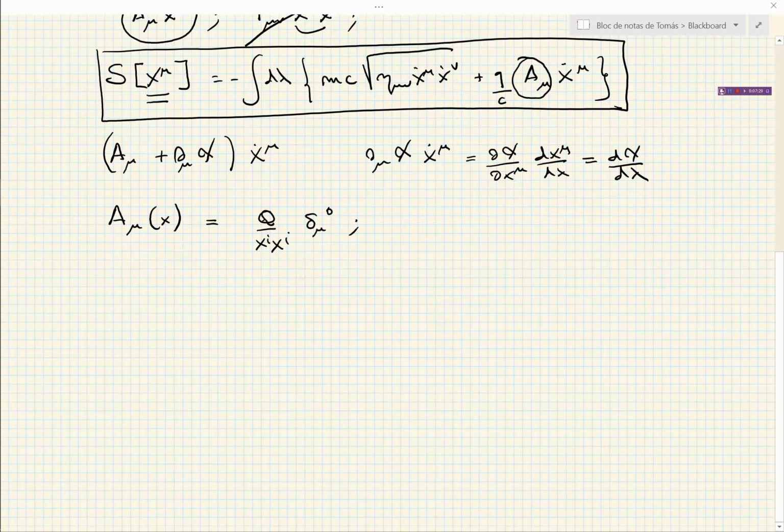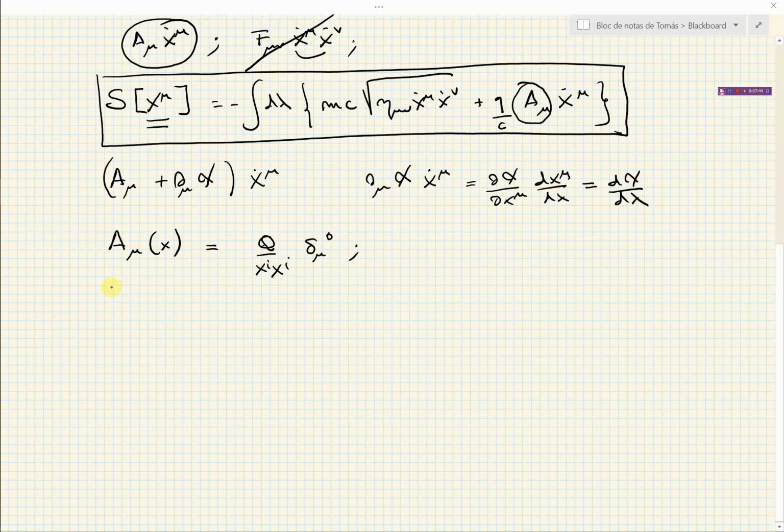Okay. And since this is a test particle, the field will not change when the particle moves or does anything. We are ignoring the back reaction of the particle on the field. This is why this field is fixed. It has a fixed value, and we don't expect it to change because of the motion of the particle.